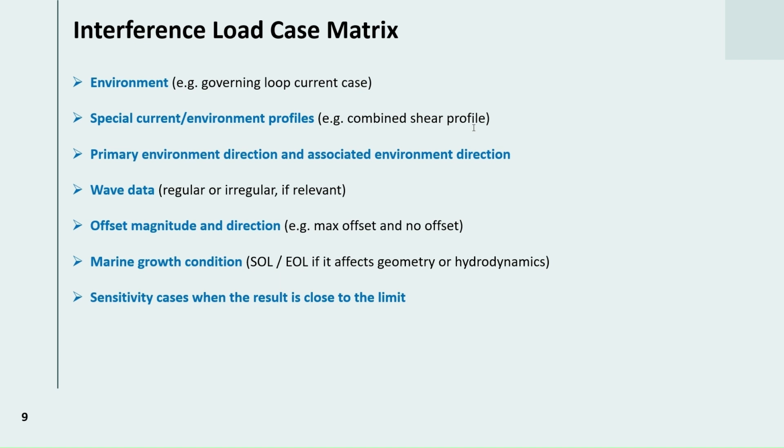The purpose of the matrix is to make sure that the governing interference scenario is not missed. In other words, we want to cover the cases that can realistically bring the two lines closest together.